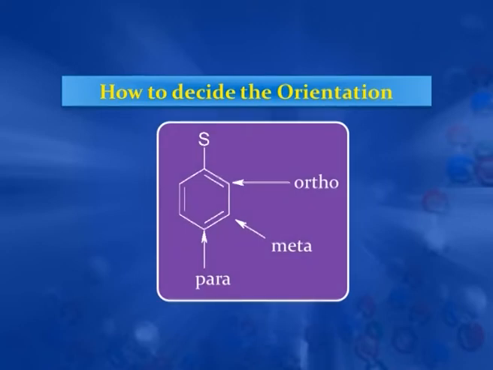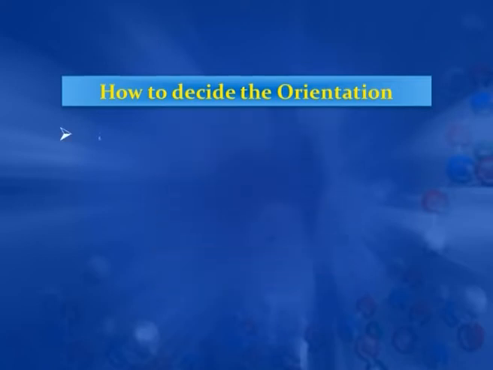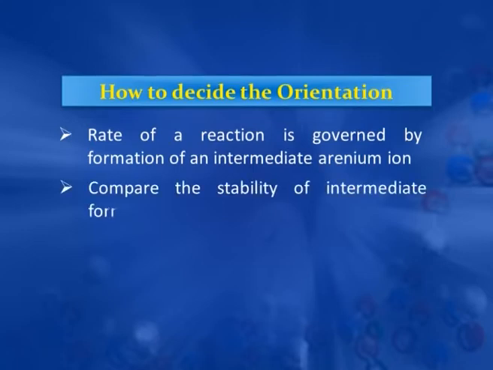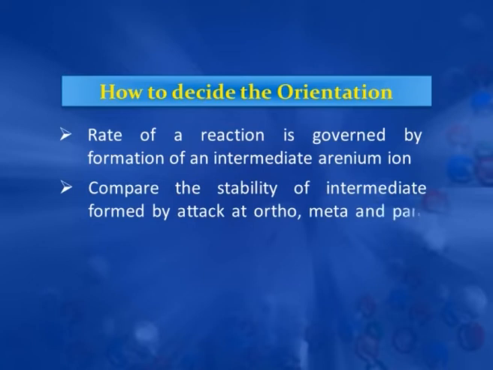How do we decide? All of us know that the rate of a reaction is governed by the formation of an intermediate, the arenium ion. So, for deciding on which position the attack will take place, we compare the stability of the intermediate formed by attack at ortho, meta and para positions.